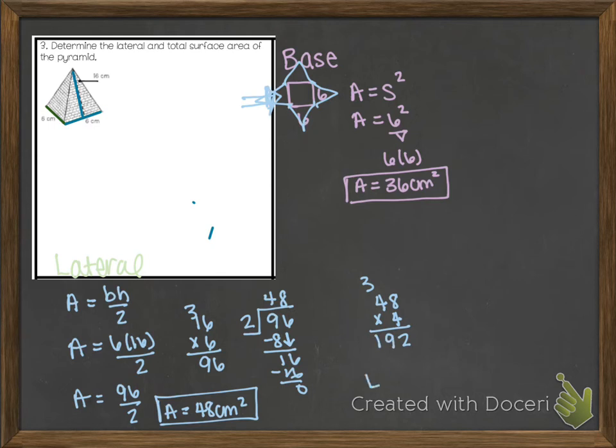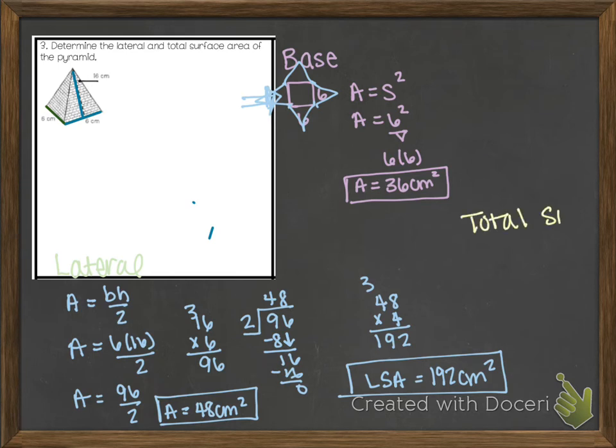So your lateral surface area equals 192 centimeters squared. Then your total surface area is going to be the 192 plus this 36 for the base. 6 plus 2 is 8, 9, 10, 11, 12, so 228 centimeters squared is your total.